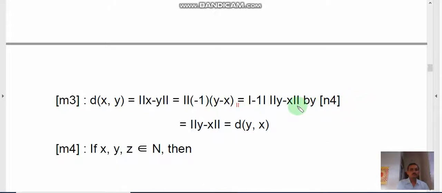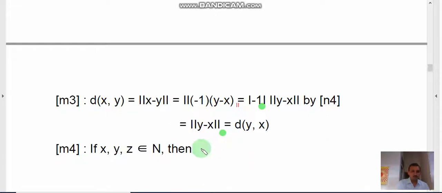So this we can write as modulus of minus 1 and norm of y minus x, and since modulus of minus 1 is 1, this will become norm of y minus x, and then this is equal to d(y, x). So we obtained the third condition of the metric, that d(x, y) equals d(y, x).